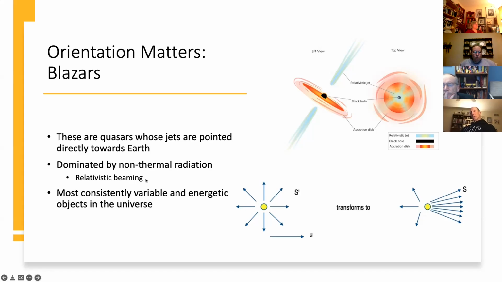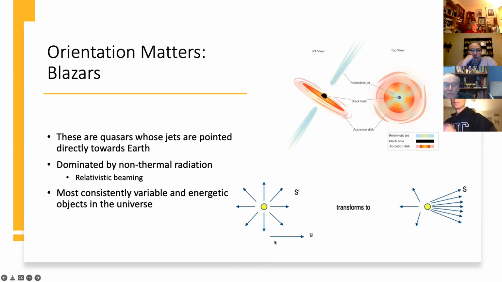Why does something pointed towards us versus perpendicular to us result in a higher brightness? This is due to something called relativistic beaming. This is a relativistic effect due to the fact that these particles are moving near the speed of light, not at the speed of light.